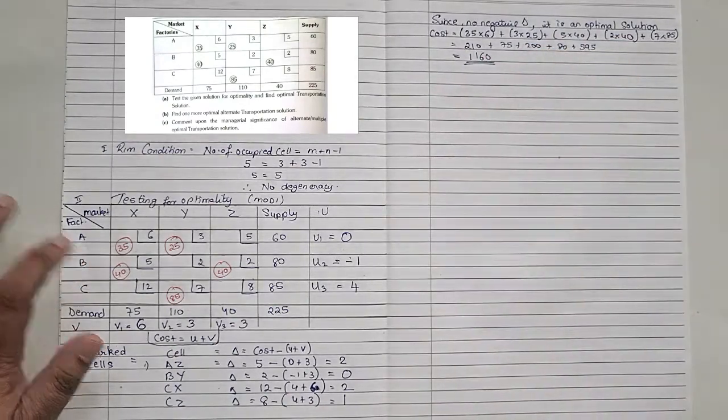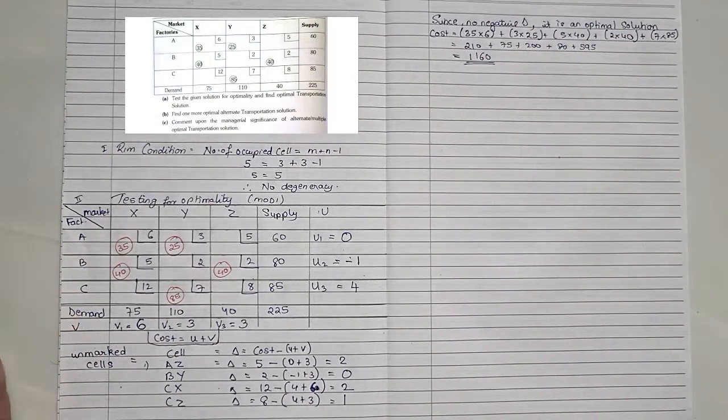So my total cost is 1160 as per the optimal solution. That was the first part.